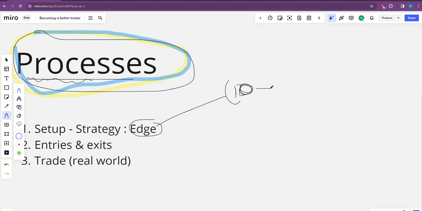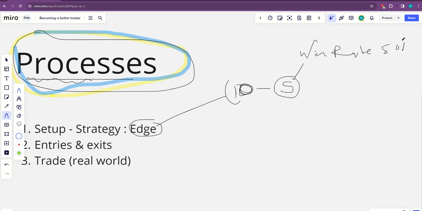Let's say it shows up 10 times, everything fully met, and we take it 10 times, but out of the 10 we win 5 trades. That simply means this one has a win rate of roughly 50%.